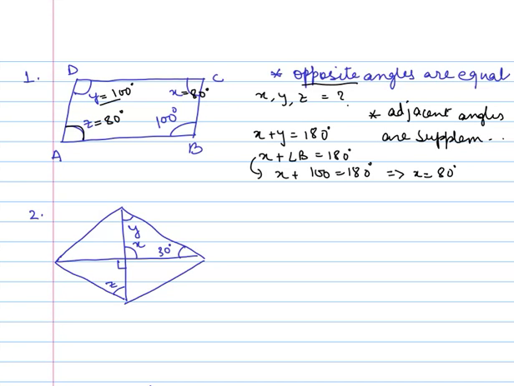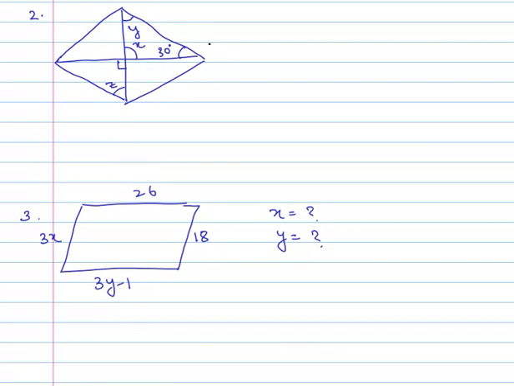Now the second question. In the second question also we have to find the values of x, y and z. We don't know x, y and z. So let us say this is a parallelogram ABCD, right?